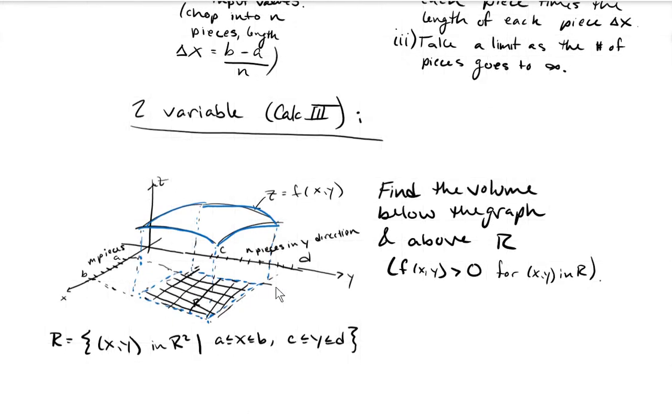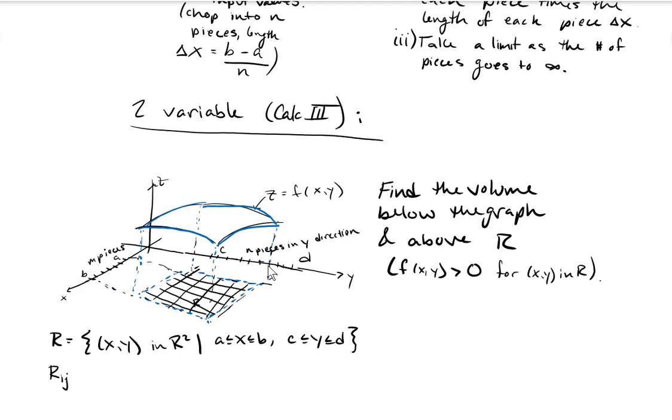They'd be little sub-rectangles. So let's describe one of those, maybe the ijth one. If we say Rij, we're saying the ith interval in the x direction and the jth interval in the y direction.